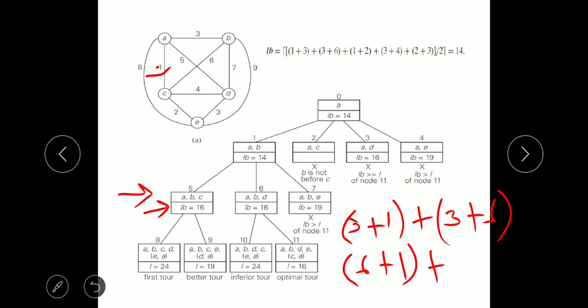From vertex D we find an edge with cost 3 and the next least cost edge is 4, and similarly for vertex E the least cost edges are 2 and 3. When you sum these up you get a value of 32. 32 divided by 2 yields a value of 16. So the lower bound is considered to be 16.